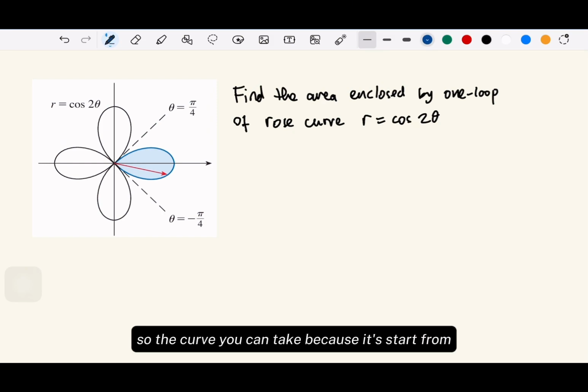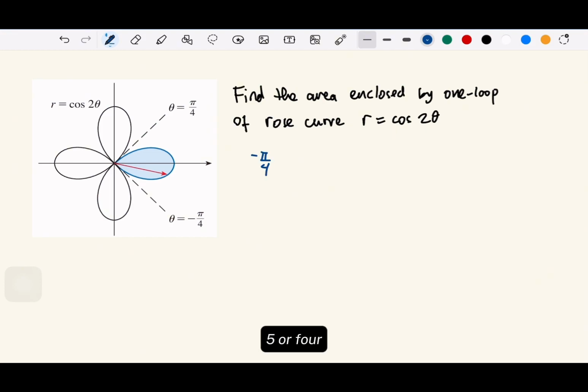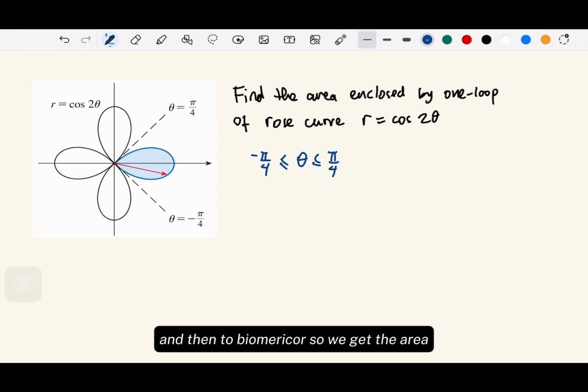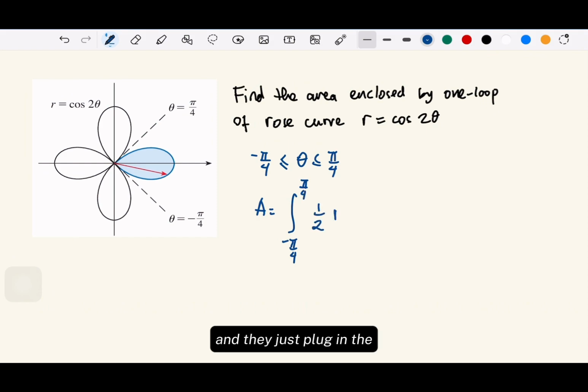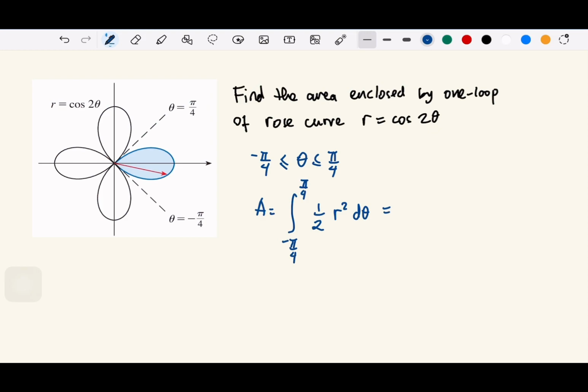The curve we can take starts from negative pi over 4 to pi over 4, so we get the area. And then just plug in the formula, and a little bit of calculation.